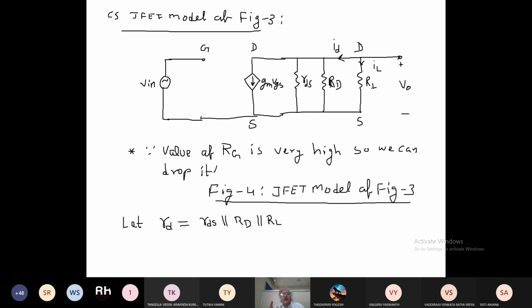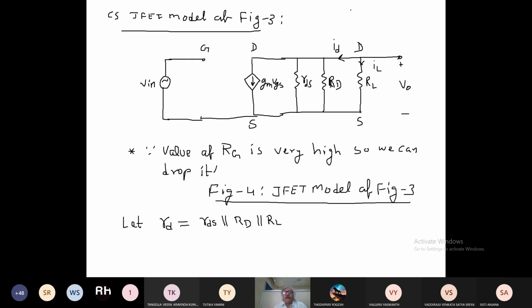When we draw these models, we draw them by assuming certain assumptions. When we use a JFET in some application, the RD and RL we select are very much less than RDS.